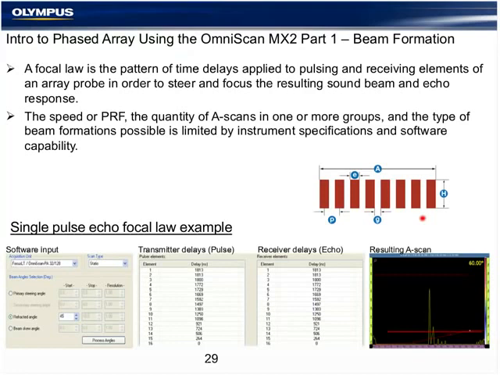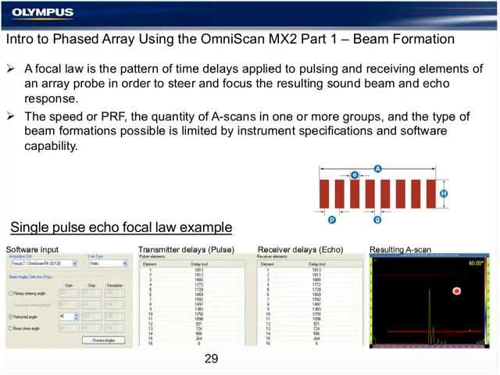This is also called a focal law. It's a time delay applied to the pulsing and receiving elements of a probe in order to steer and focus the resulting sound beam and echo response. Many of these combined together make up the group, but any one A-scan is defined as the focal law.